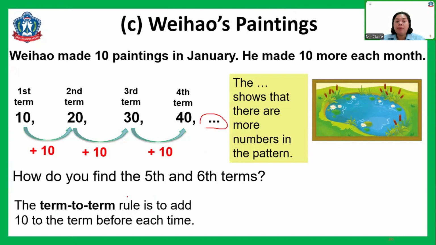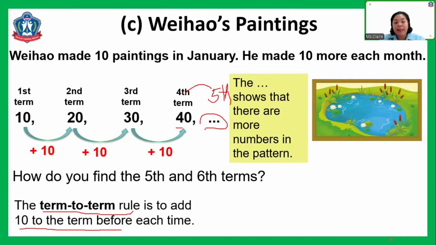So the term-to-term rule is the rule or step that we use to get the next term. To get the 5th term here, what are we going to do? We just simply add 10 to the term before it. So if this is 40, we add 10, that is 50.